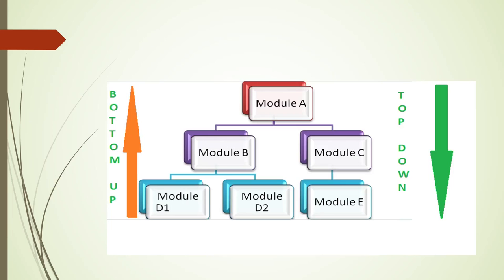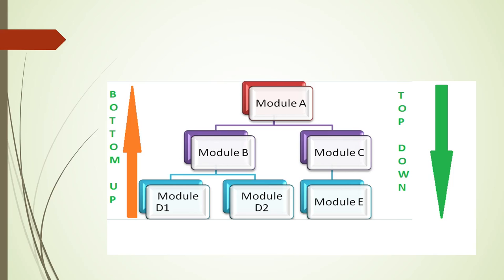Now we are going to see the second approach, that is the top down approach. In top down approach, modules are implemented by moving downward in the control hierarchy, from the main control module to the bottom side. The design, implementation and testing of the top modules are done with the help of stubs. A stub is nothing but a dummy module.